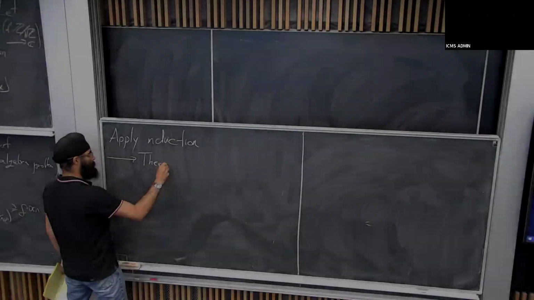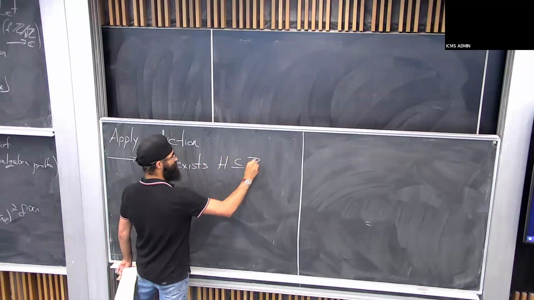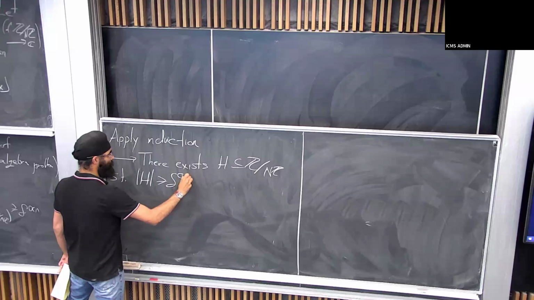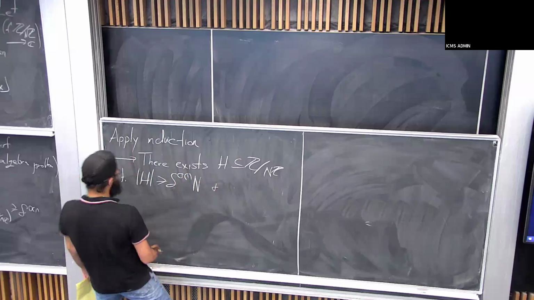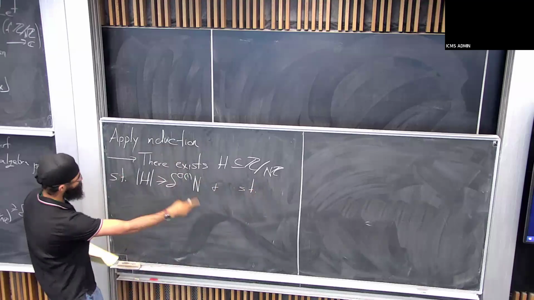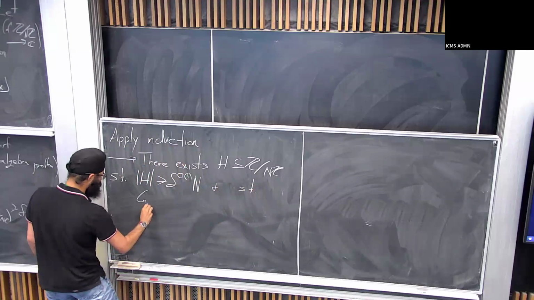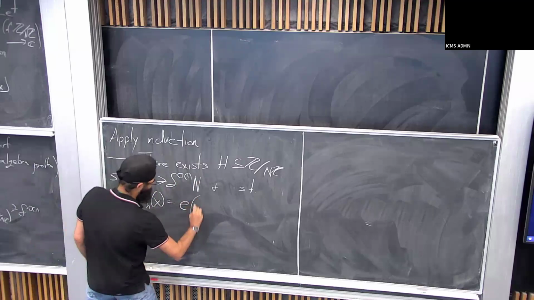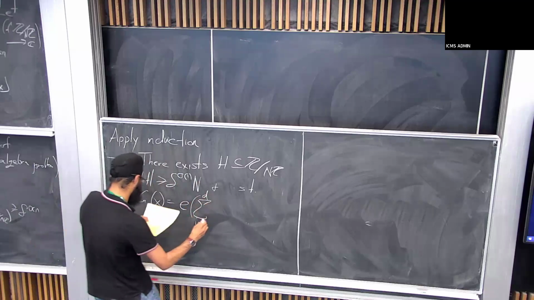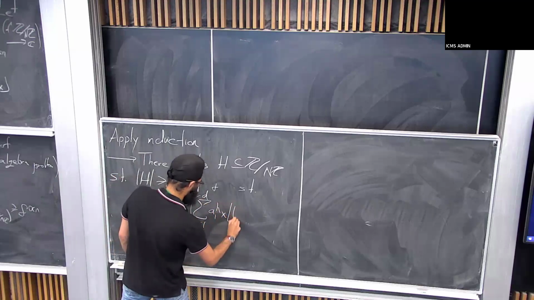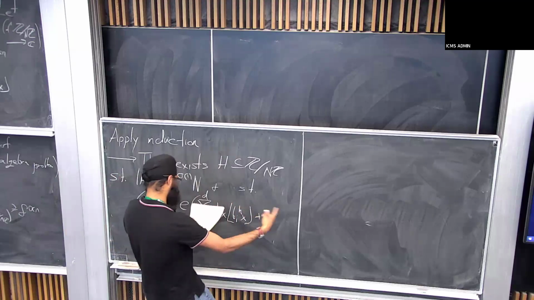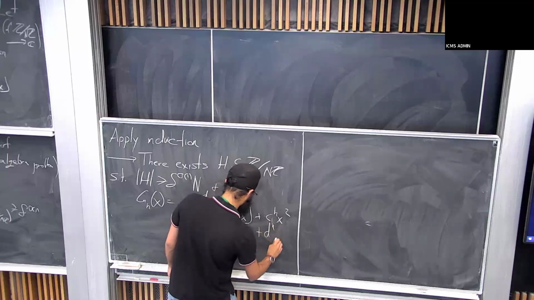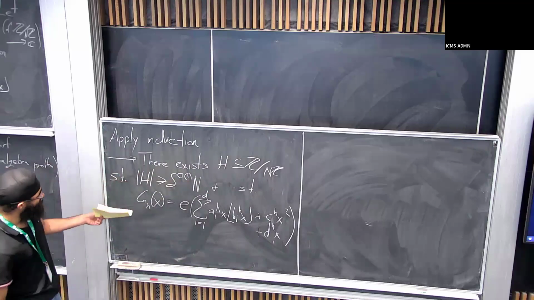There exists H, which is a subset of Z mod NZ, such that the size of H is bigger than delta to the O(1) times N, and such that for each h in the set, I get some g_h of x.